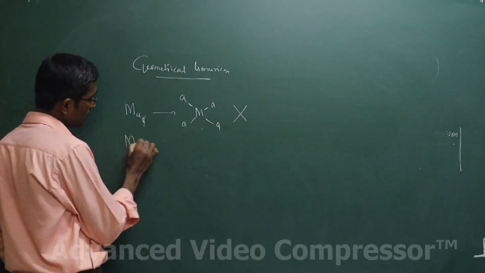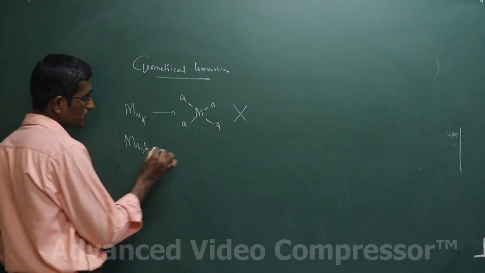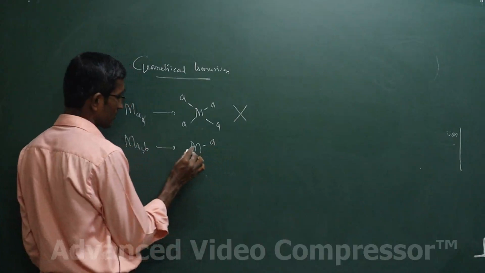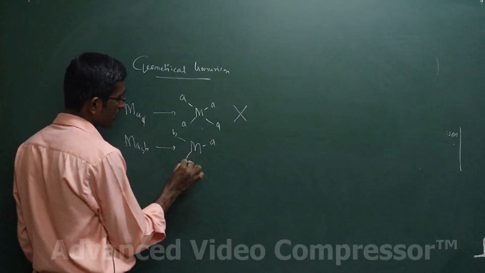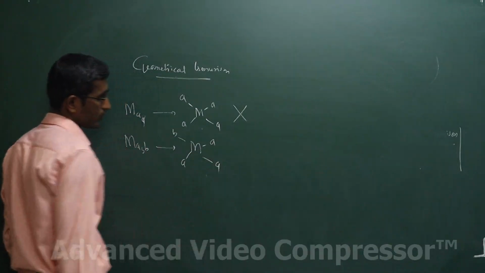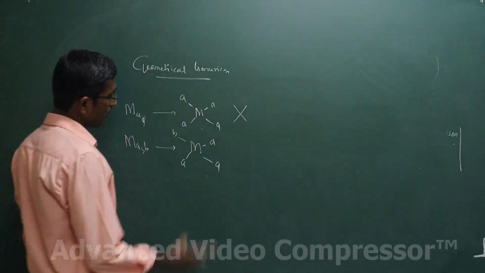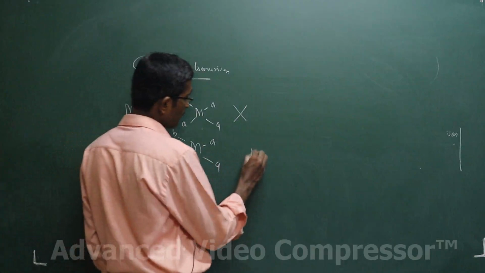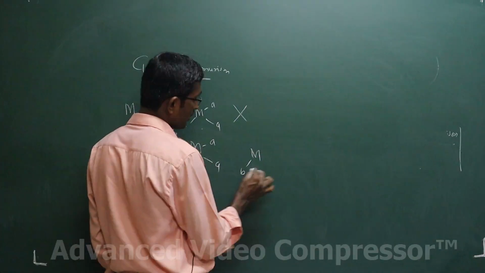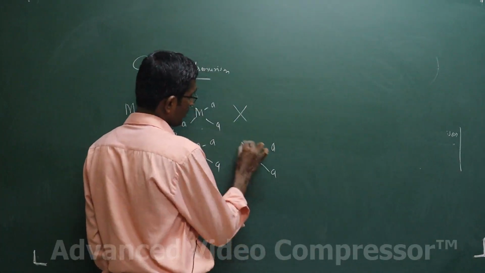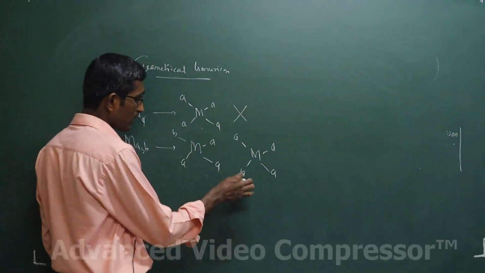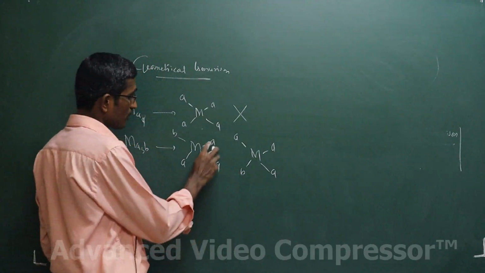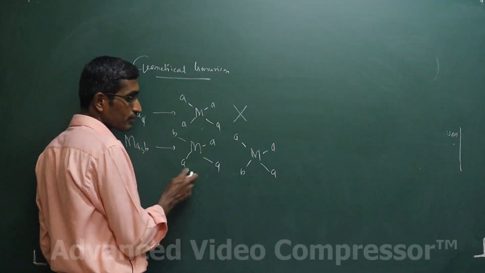I will take MA3B. Can it show geometrical isomerism? This also cannot show, because I will write it like this, student. B, A and A. Right? In this case, one of the A is opposite to the B. So now one more form you cannot write, because if I am keeping the B here, again B is opposite to A. All A are same, right?